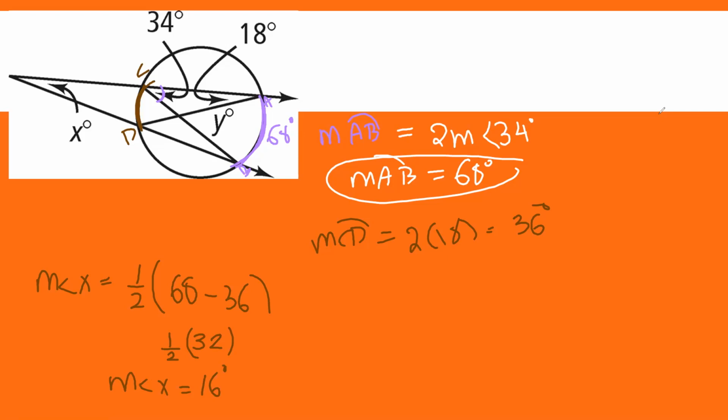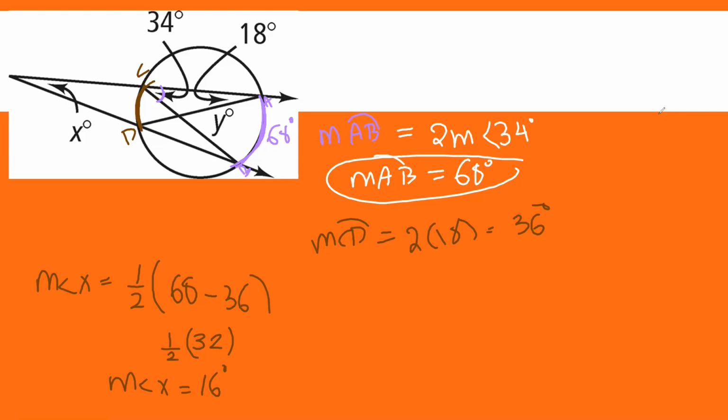Now let's find y. We can find it by saying that y is half of 68 plus 36.